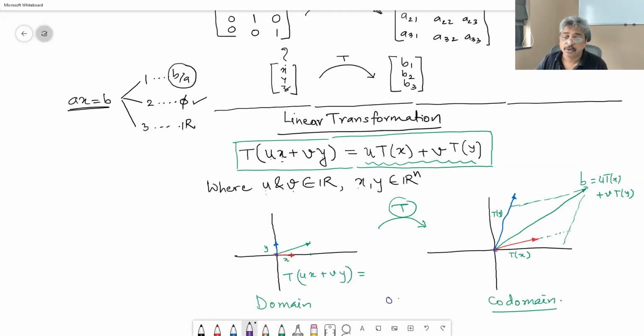So 0 is t of 0. It doesn't change. This is a special case, and I have written it for 2, but it can be extended for n. This is what is a linear transformation, which we will keep on doing.